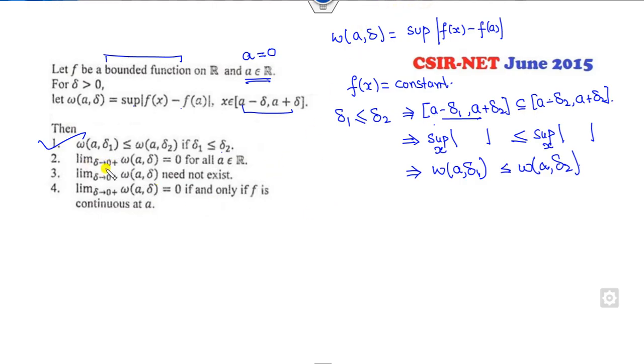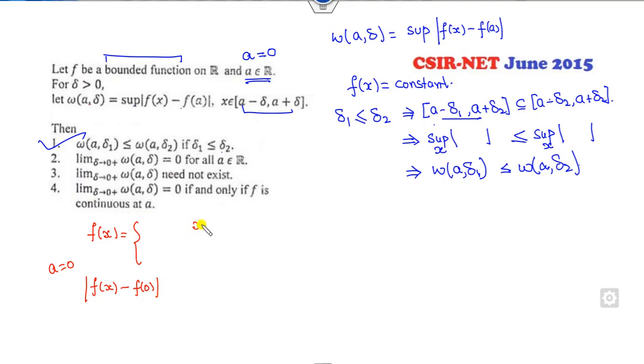Look at the second one. The limit as delta goes to 0 from the positive side, for all a. Fine. So we can consider f as a bounded function. Now you have to take f(x) - f(a). Firstly, f(a) I can consider as 0, so it is f(0).